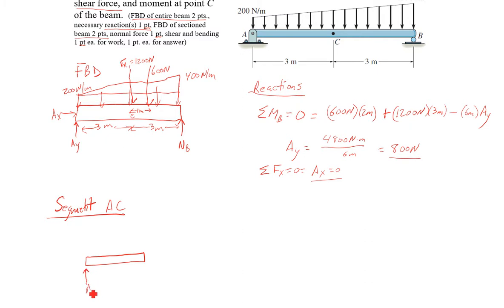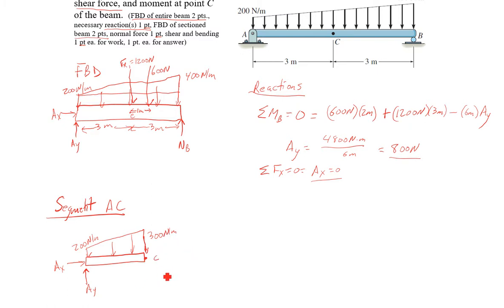I have AY acting here, AX there. Here's my distributed load on the middle point here. It's going to be 300 newtons per meter. This is 200 newtons per meter. This is C.